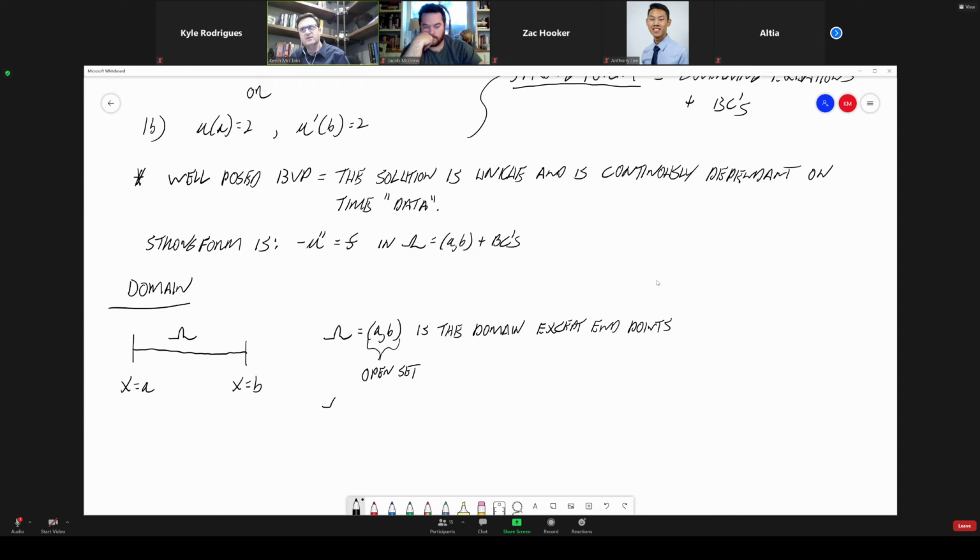So we can write that omega is equal to the set of x such that a is less than x less than b.